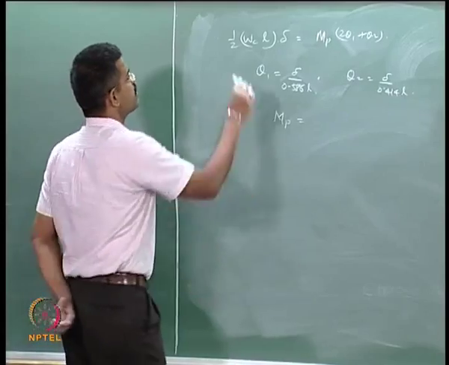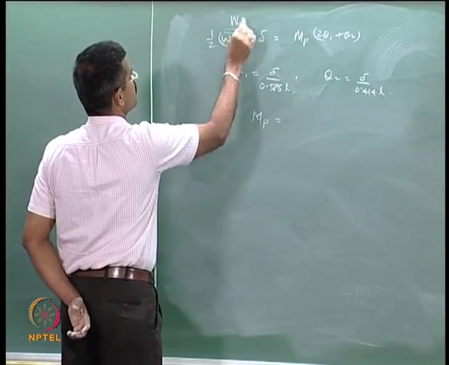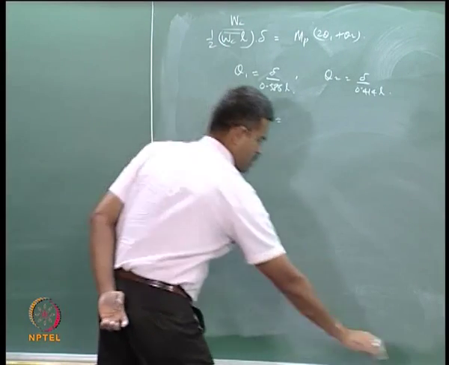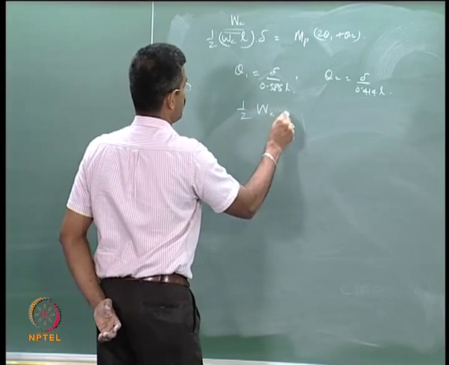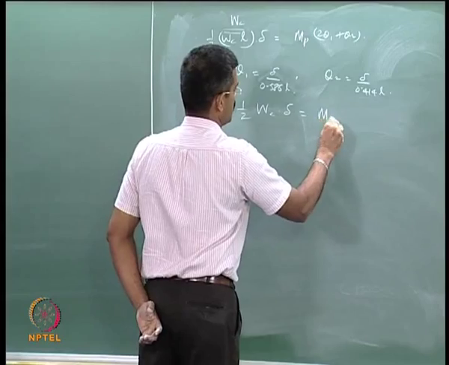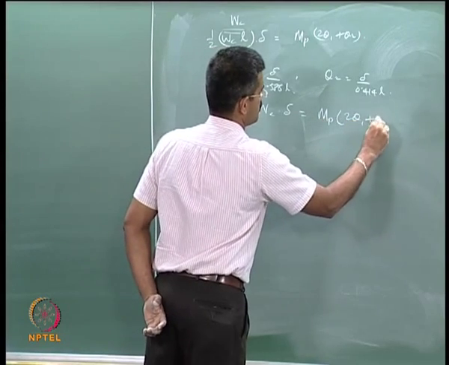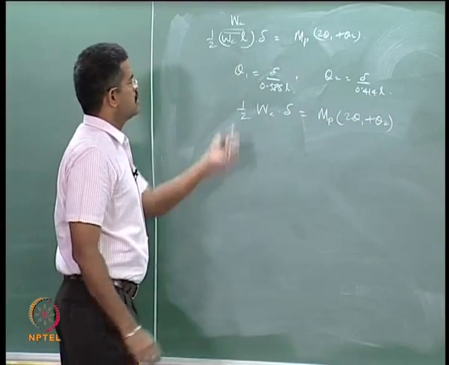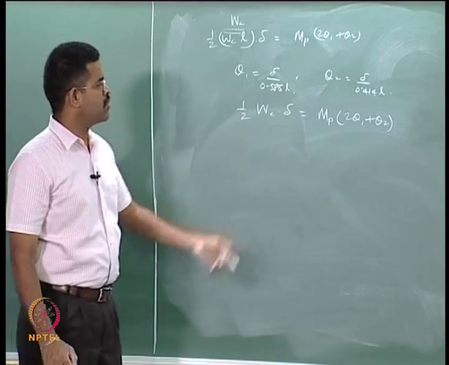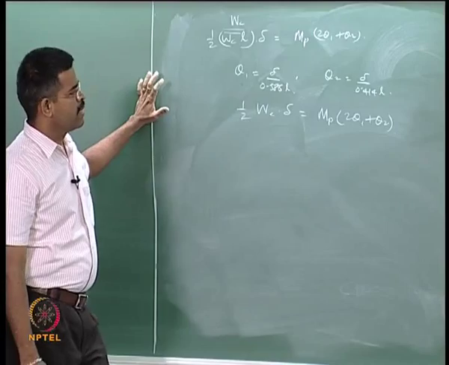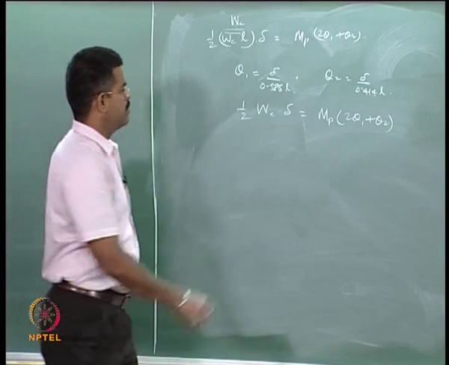Because WC into L can be taken as capital WC. So, half capital WC into delta is MP into (2 theta 1 plus theta 2). So, theta 1 is known, theta 2 is known, you can substitute them, find out what is MP. Tell me what is MP.